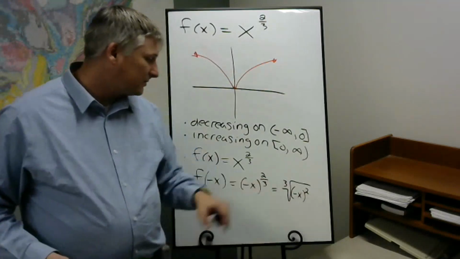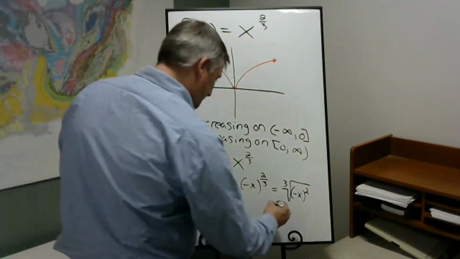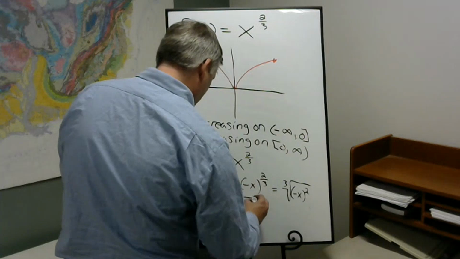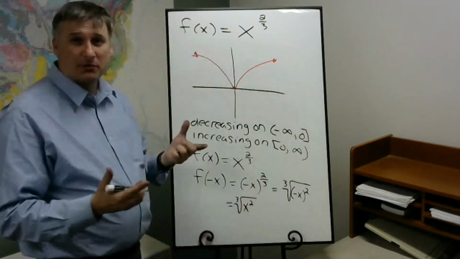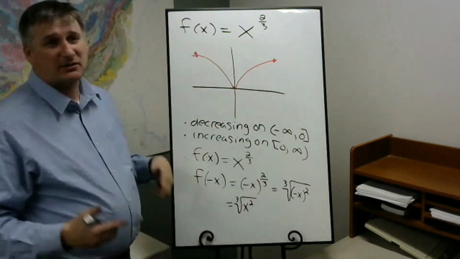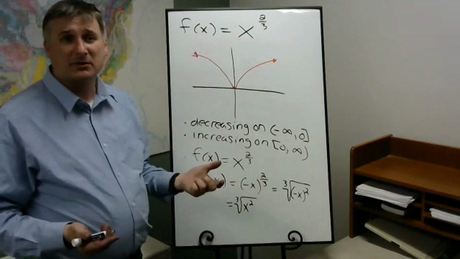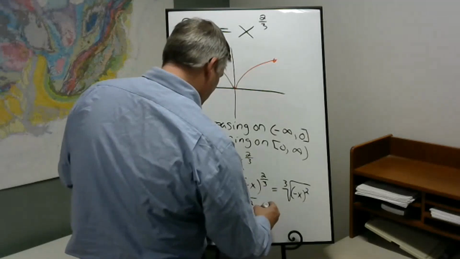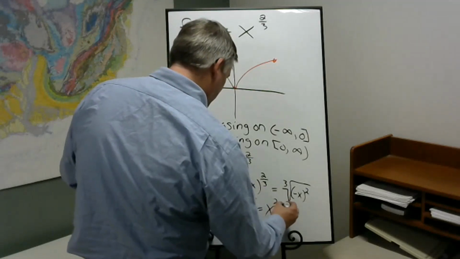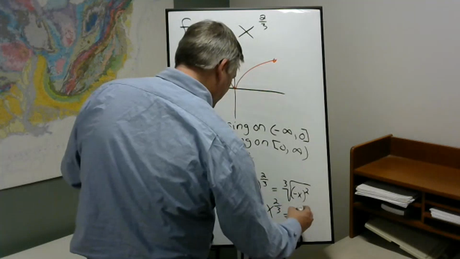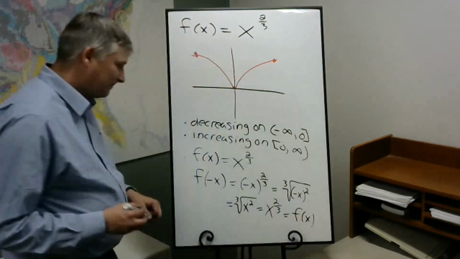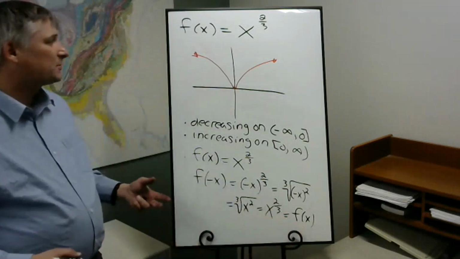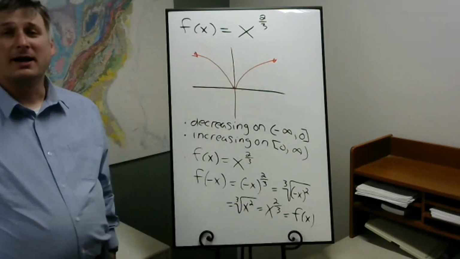And clearly we're squaring this, so that's going to get rid of the negative. You take negative x and you square the whole thing, you just get x squared. Negative x times negative x, the two negatives become a positive. x times x is x squared. And so this is just that x to the 2/3, or f of x. So f of negative x gave us f of x. This means we're symmetric across the y-axis.